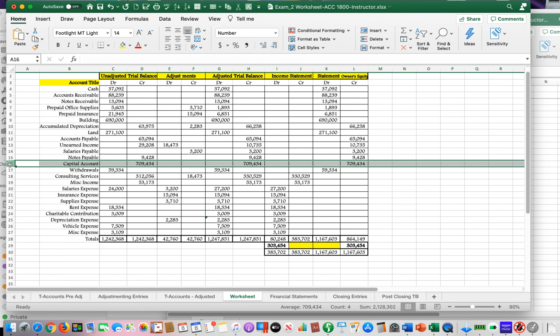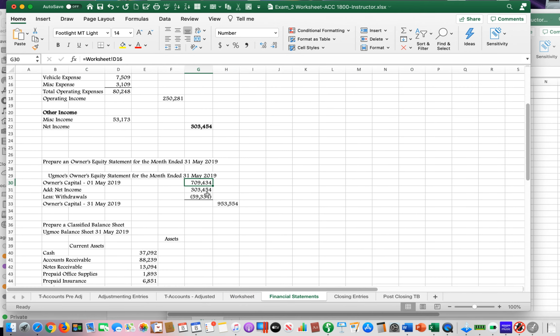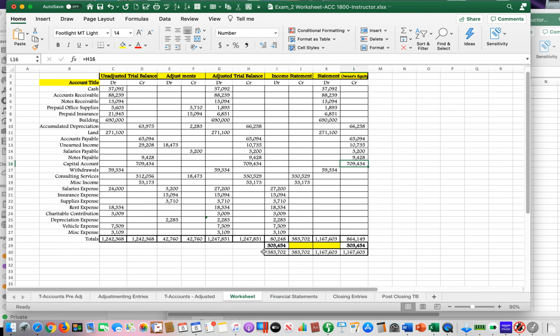That's the capital. We add the income. This $303,000 from the income statement goes right there. And we're going to subtract the withdrawals. The $59,334, let's go back to the worksheet. There it is, $59,334 off the worksheet.